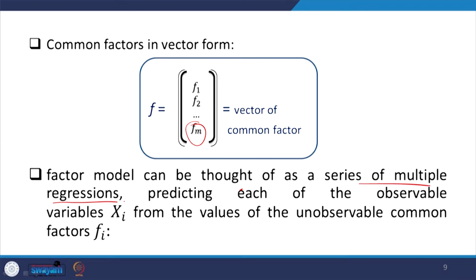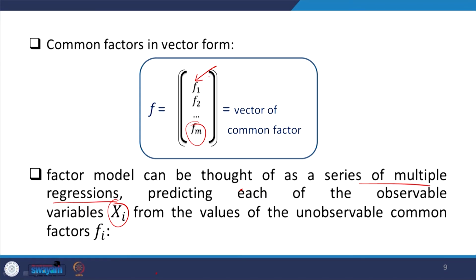Here we mention multiple regressions because we are including so many variables or factors together, predicting each of the observable variables xi. The factors are not observable variables, they are unobservable, but they are used with the observable variables xi. And these observable variables are predicted from the values of the unobservable common factors fi.